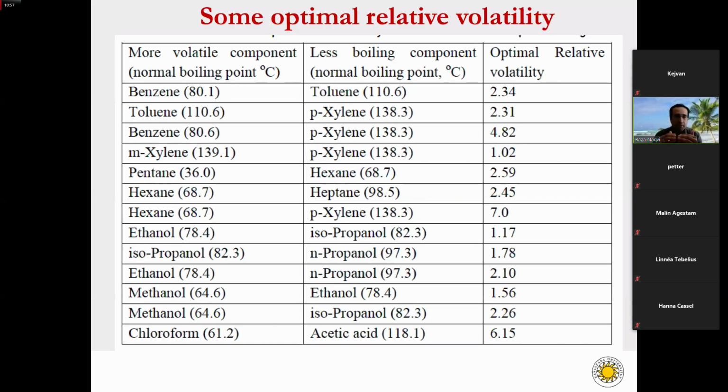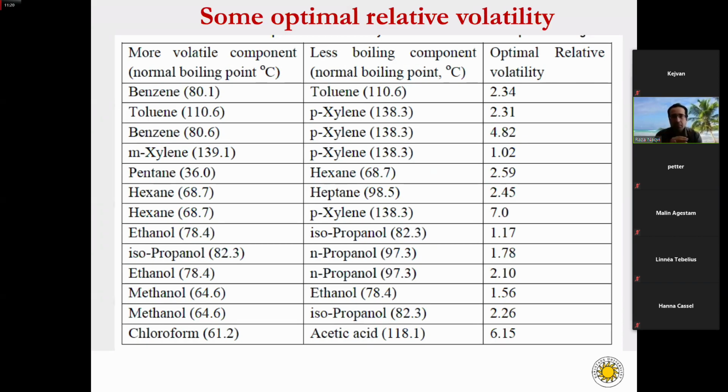So the benzene has a boiling point of 80.1 degrees C. And if we have a mixture of benzene together with toluene, benzene will be the more volatile component and toluene will be the less volatile component. Toluene has a normal boiling point of 110 degrees C, right? So there is a difference between their boiling points.